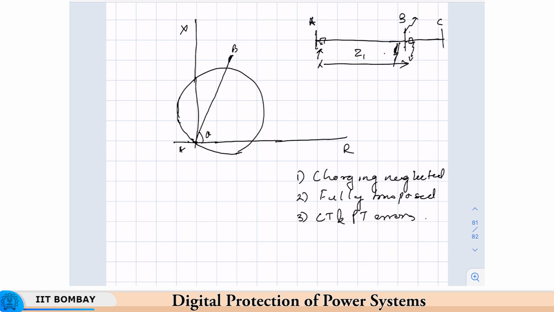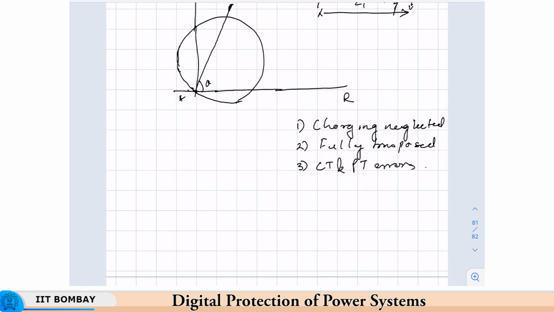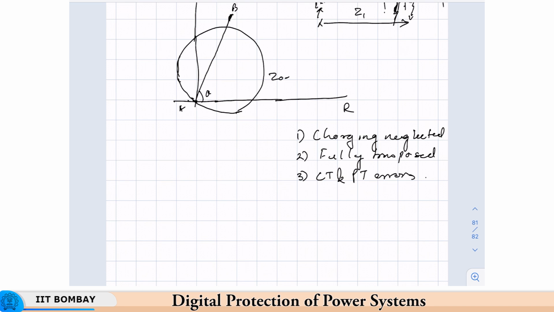So for zone 1, I'll write zone 1 here to avoid confusion, but later in the lectures I would sometimes use Z1 also. So zone 1 will cover 80 to 85% of the line. Okay, so zone 1 is primary protection here, of course, because this relay here has a primary protection zone up to AB. So primary protection for 80 to 85% of the line. You could go up to 90% also, but generally it is in this range only.